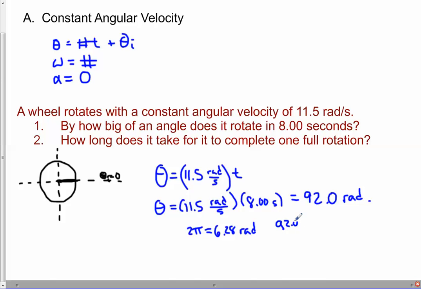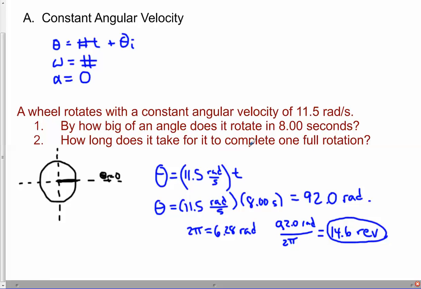So 92 radians divided by 2 pi is something like 14.6-ish. So there would have been 14.6 revolutions. So in the 8 seconds, it would have gone around 14 times plus a little more than halfway around. So we can also do that kind of an analysis.